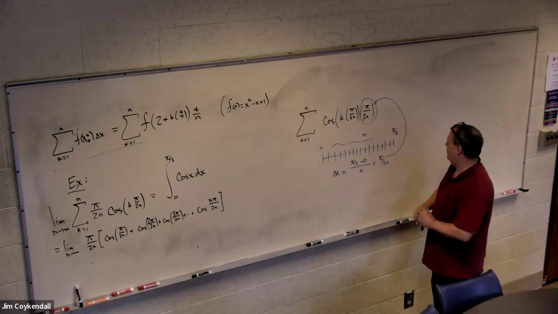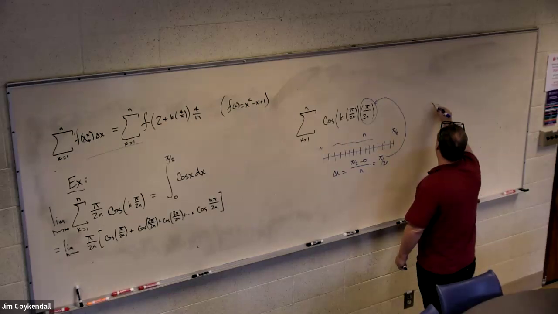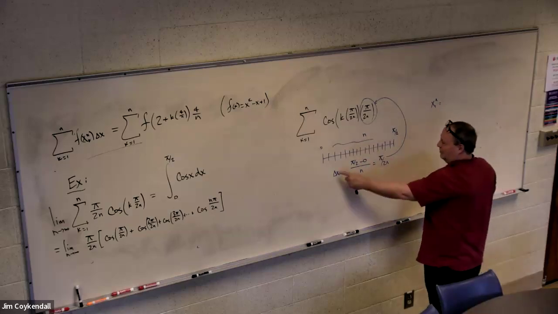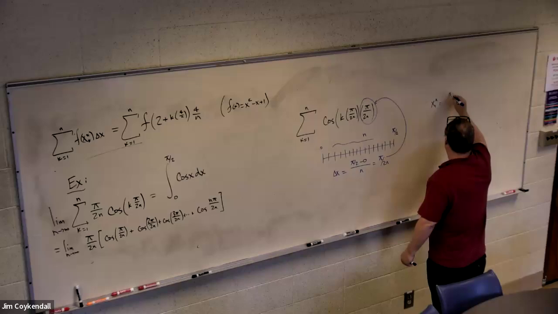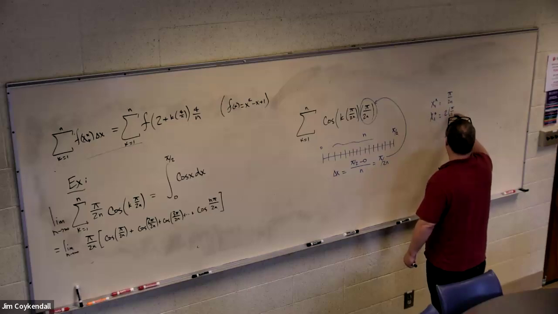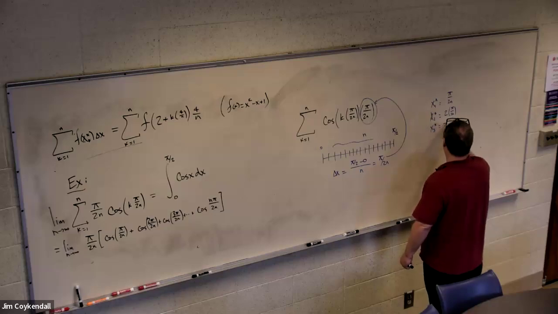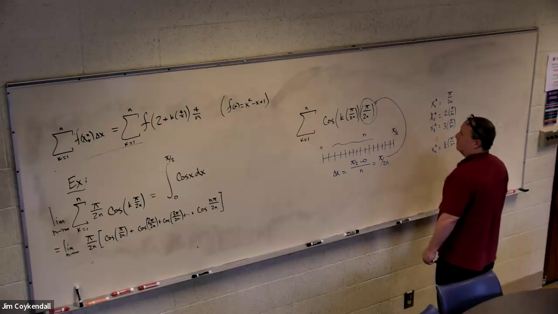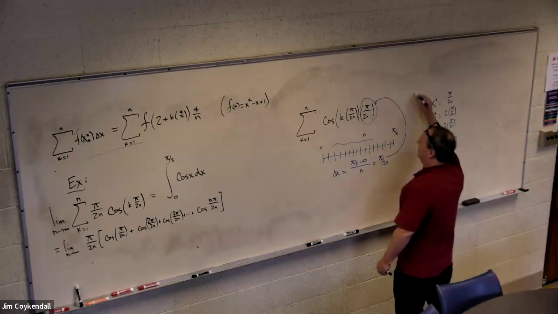And what are your endpoints? First endpoint is 0 plus delta x. Your second endpoint is 2 delta x. Your third endpoint is 3 delta x, taken to k.